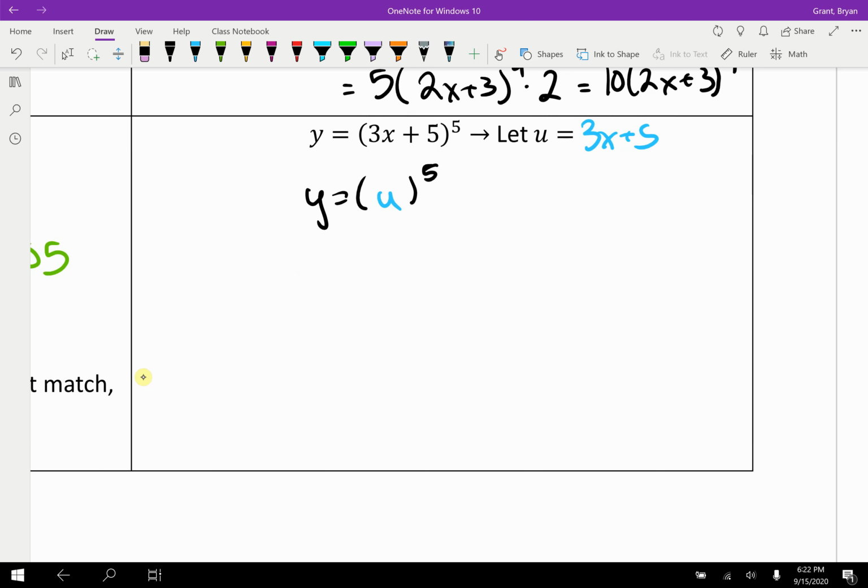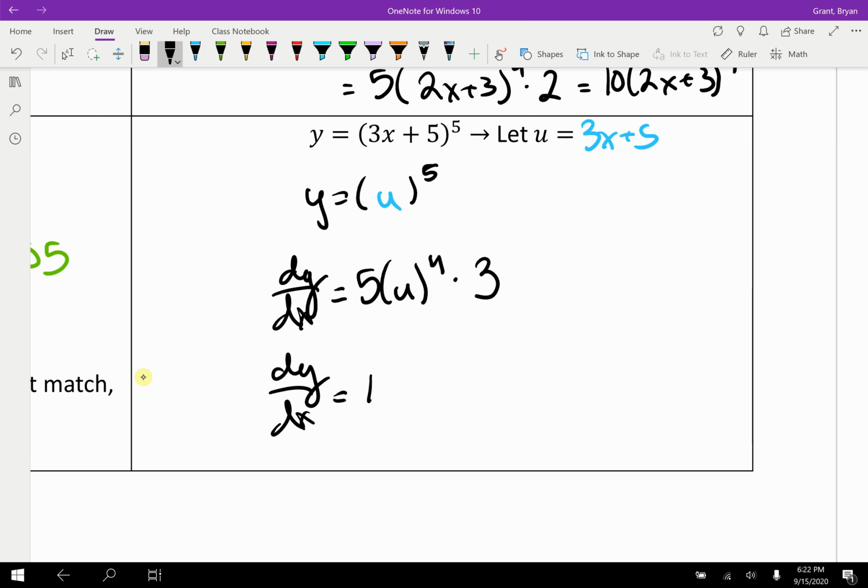So instead of y prime, let's just go straight to our answer. Let's say dy/dx. dy/dx is going to be the derivative of the main function, which is dy/du, times the derivative of the u substitution, which is du/dx, and that is 3. Putting this all together, then, we get 15 times 3x plus 5 to the fourth.